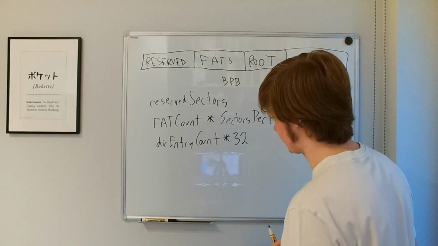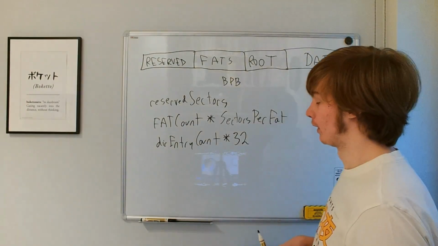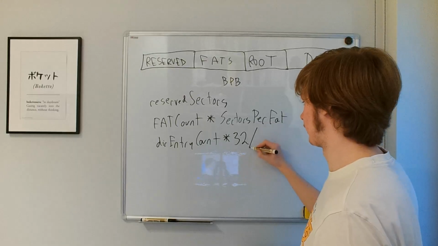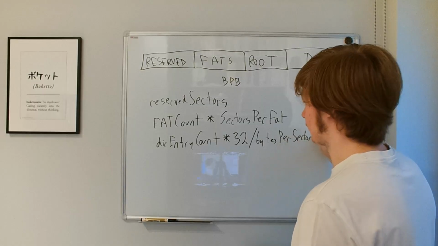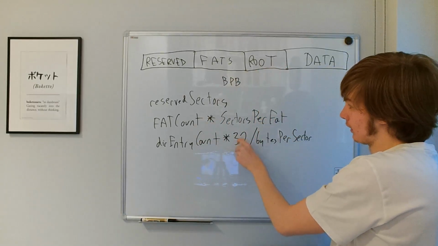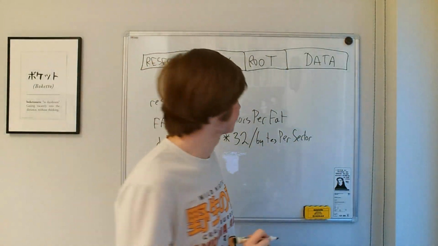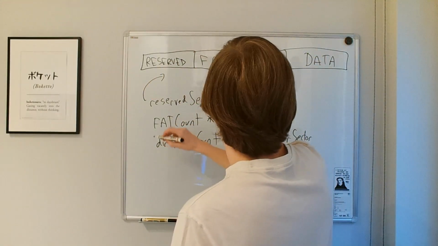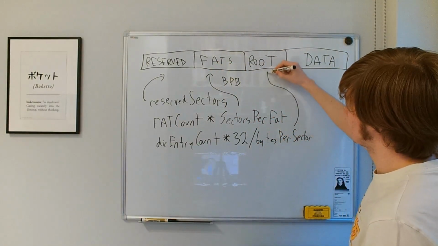That gives you the size in bytes. If you wanted the size in sectors, you have to divide by bytes per sector, because the count tells you the number of entries in the root directory, each one is 32 bytes, and to get the amount in sectors you divide by bytes per sector. So this is the size of this, this is the size of this, and this is the size of this.